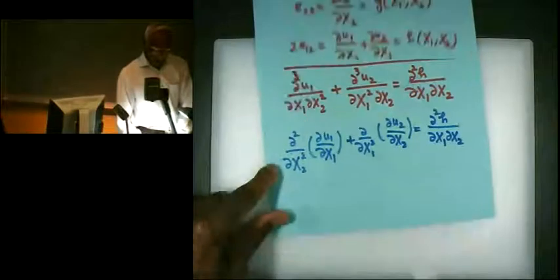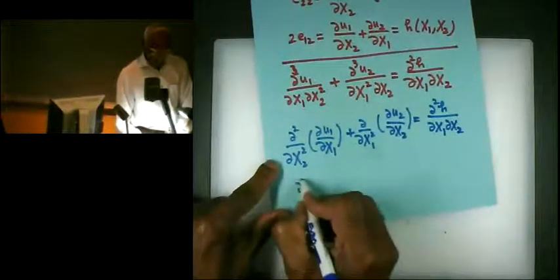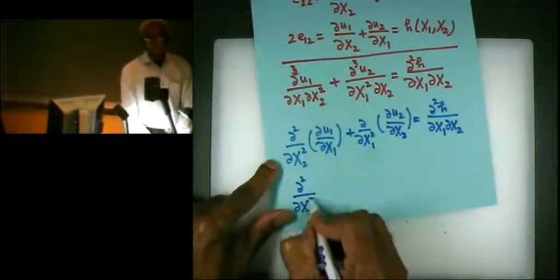And now we get delta square over delta x2 square of delta u1 over delta x1, which is f, and this is g.